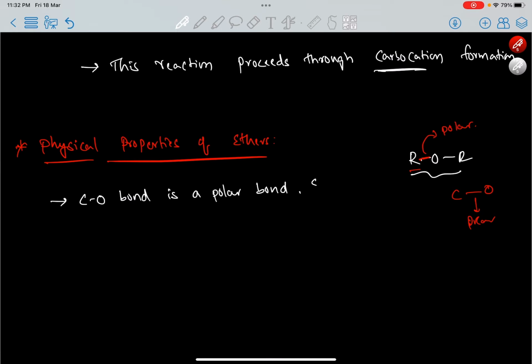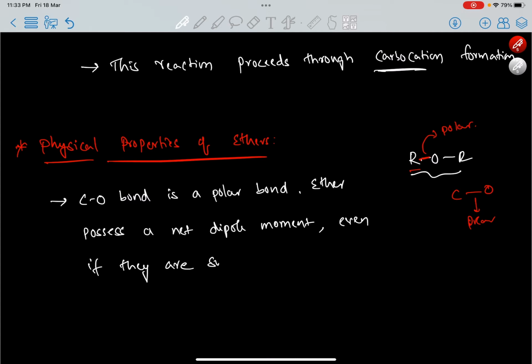And hence ethers possess a net dipole moment, even if they are symmetrical. This is important.